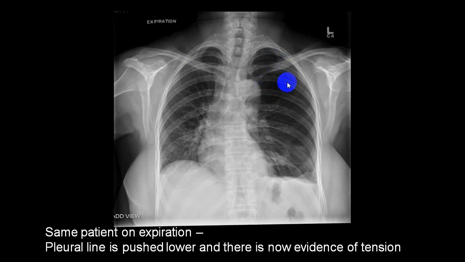So this is roughly the border. So that you will be able to identify much better. This is marked out, so that sometimes this can help you. So sometimes in expiration, you will be able to demarcate pneumothorax much more as compared to inspiration.